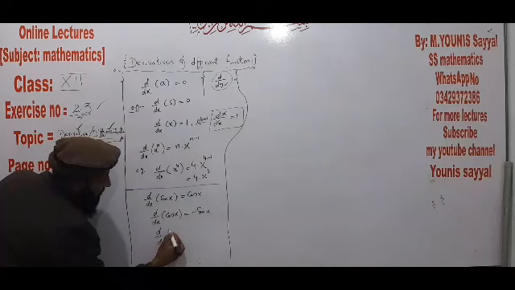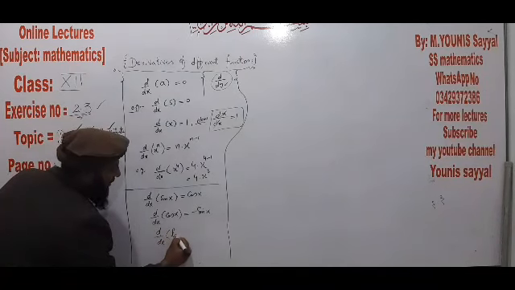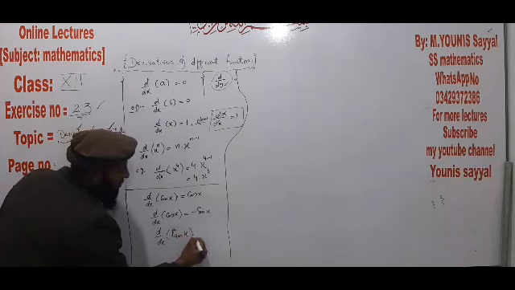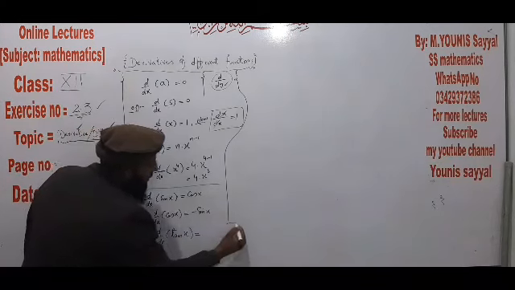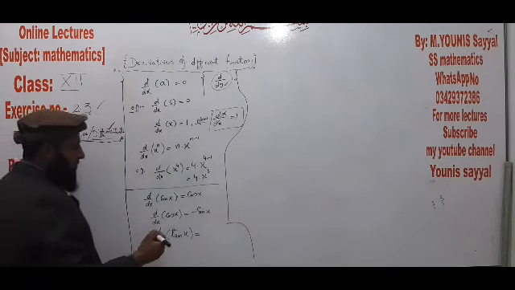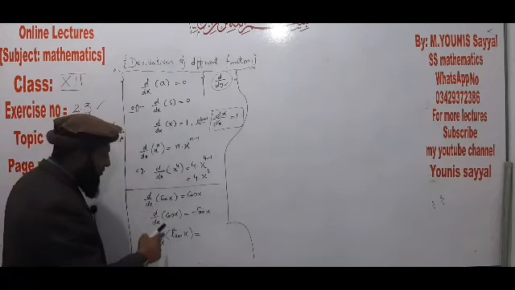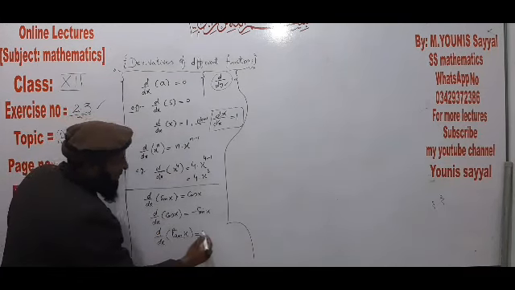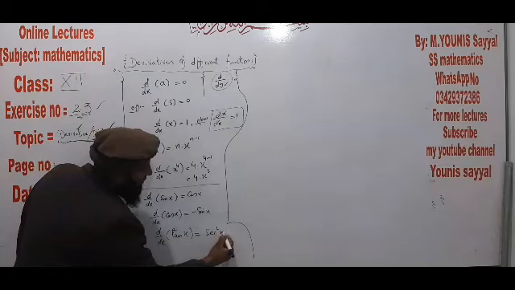Next, the derivative of tangent x. These are called trigonometric ratios. You have studied them in first year, 10th class, previous classes. Derivation of tangent x is equal to secant square x.